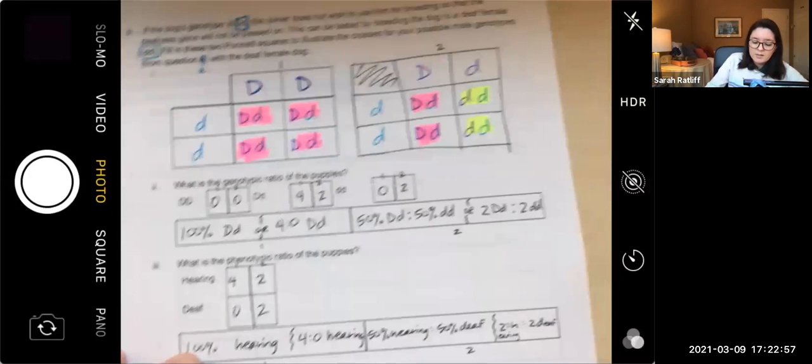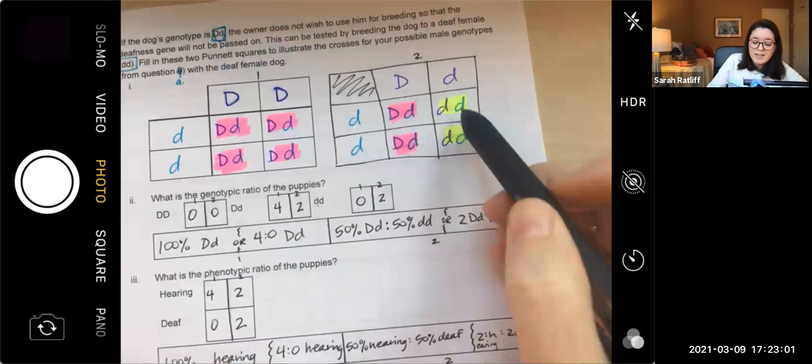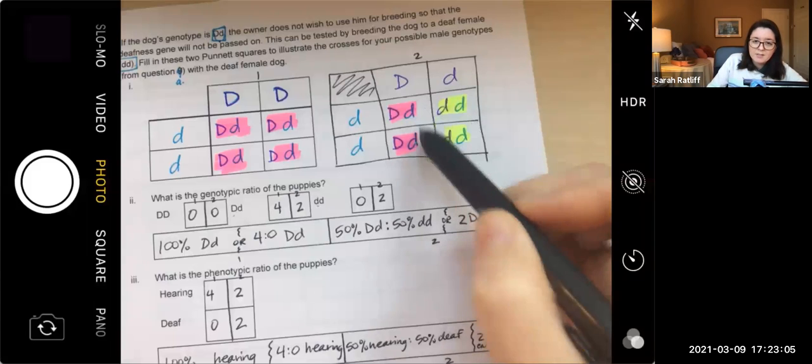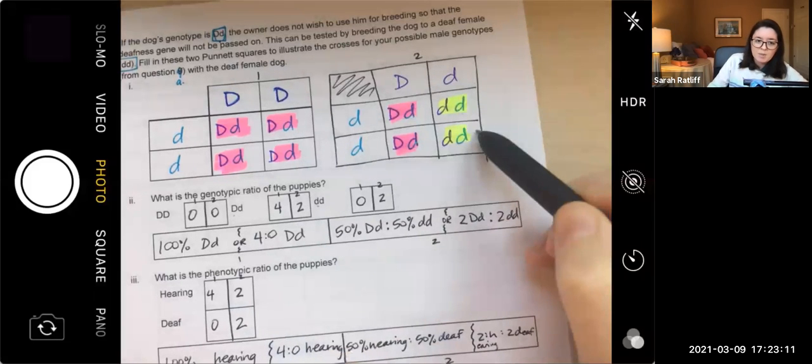Well, what if he is heterozygous? Look at the puppies. If Gilbert is heterozygous, half of his puppies will be hearing, which we figured out from our little phenotypic ratio here, and half of the puppies will be deaf.